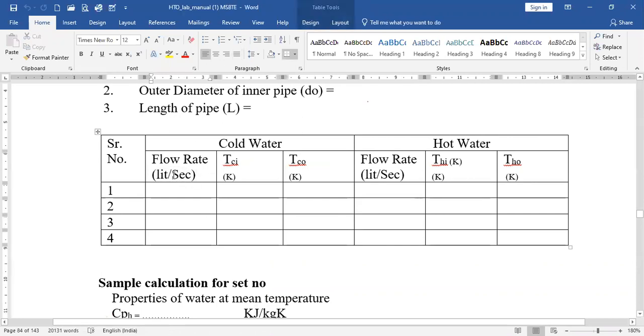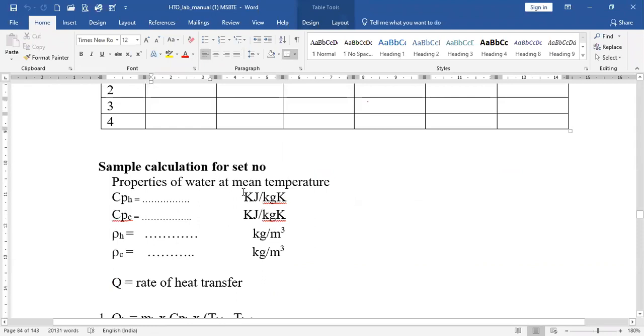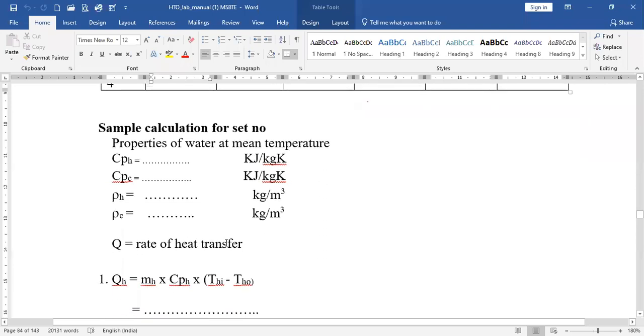So in the calculation also, we are going to calculate the rate of heat transfer in joules per second, and for the same unit we have to convert this LPH or LPM into LPS. Then we must know the density of hot and cold water, in terms of kg per meter cube.